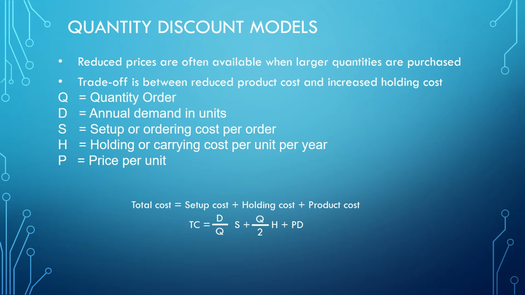And P is the price per unit. Then the total cost equals setup cost plus holding cost plus product cost. In other words, TC equals D over Q multiplied by S, plus Q over 2 multiplied by H, plus PD.